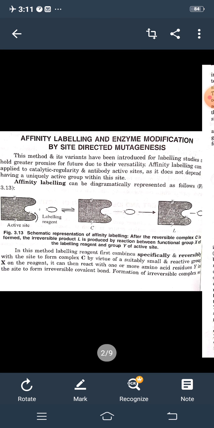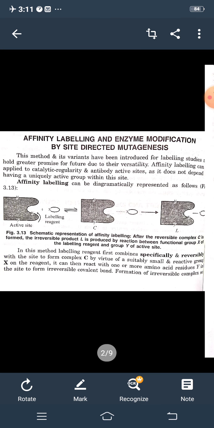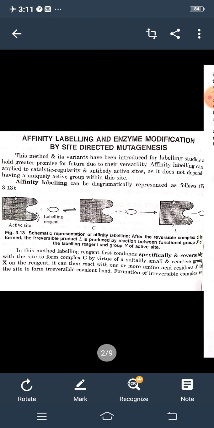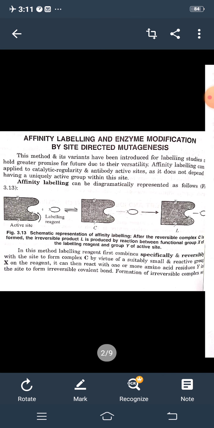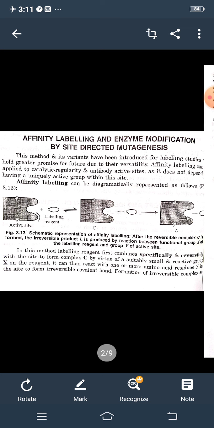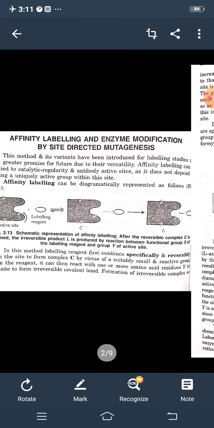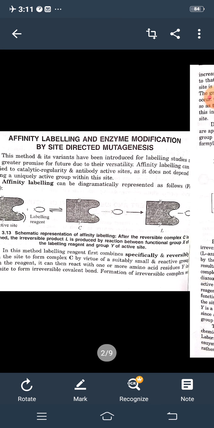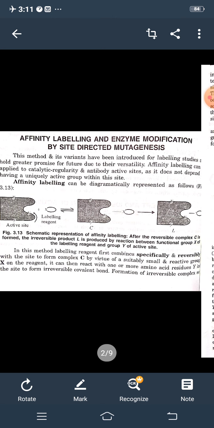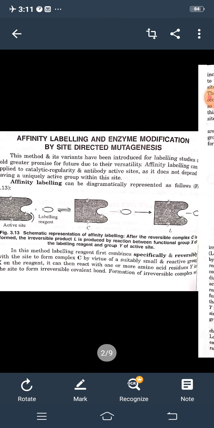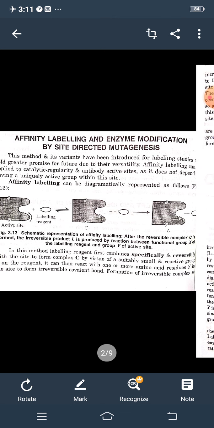So affinity labeling can be diagrammatically represented as shown by the following figure. So we take the enzyme whose active site plus labeling agent, so it will give rise to an intermediate, means activated complex is formed first and then it converts into product. So this diagram represents affinity labeling.